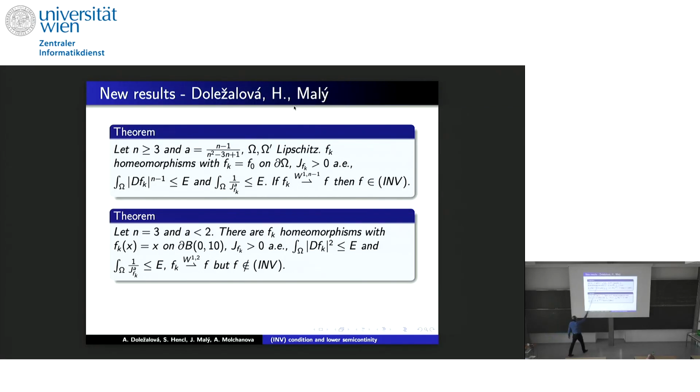And this a is sharp, at least in dimension 3. We did the detailed counterexample in dimension 3, but we believe it works in any dimension as well. So if you are in dimension 3 and a is strictly less than this, then you can find a homeomorphism which is the identity on the boundary, Jacobian positive, but again, you know, this crucial energy is controlled, but it's converging weakly to something which doesn't satisfy the INV condition.